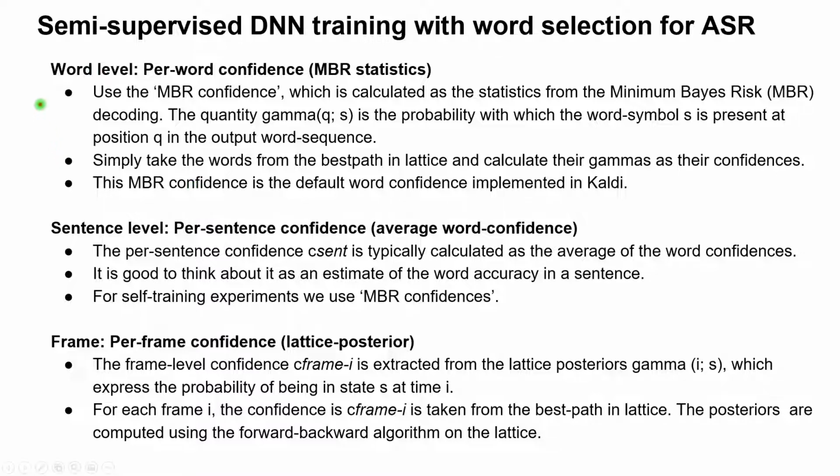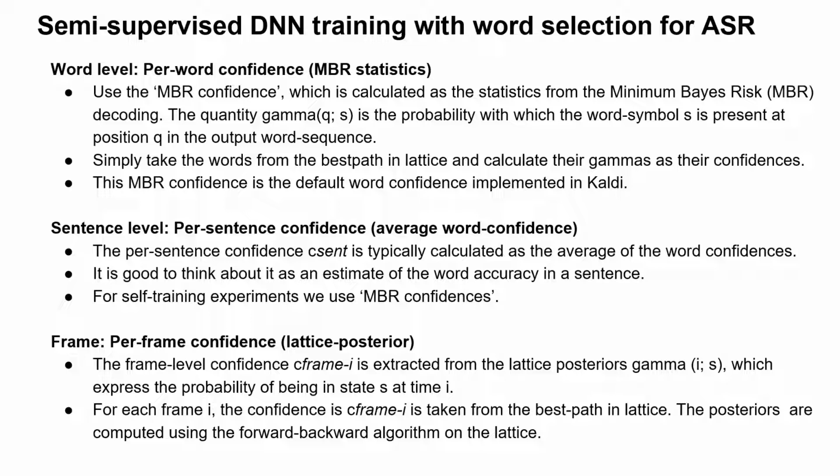Having the confidences for various words, you then go to the sentence level and try to predict the confidence at the sentence level, and the average is used as one of the measures. The per-sentence confidence is calculated as the average of the word confidences, and you can think of it as an estimate of the word accuracy in a sentence. Again it uses the MBR confidence generated in the previous step.